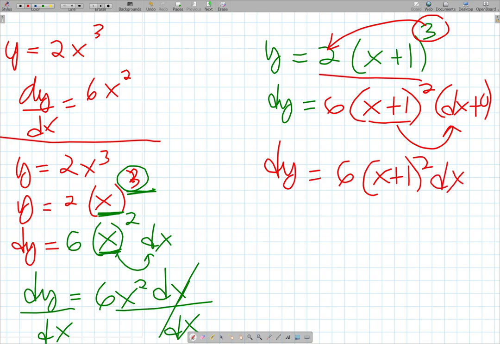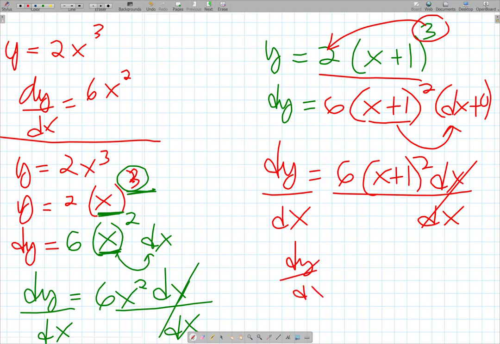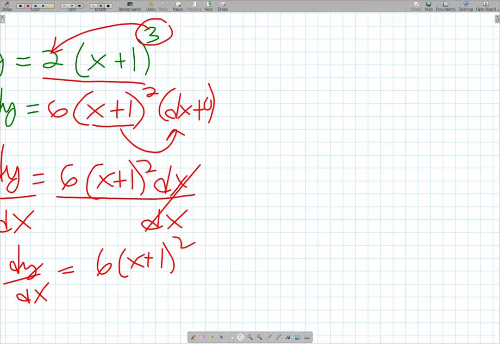Since I am looking for dy over dx, I will divide both sides by dx. So cancel out ang dx. Ang dy over dx natin is equals to 6 times x plus 1 squared. Another one, before we proceed to number 1.